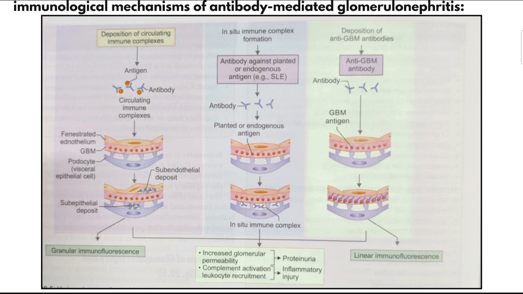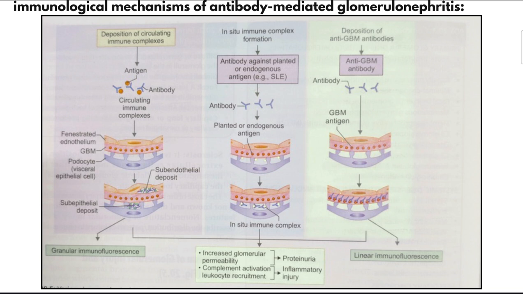Next, consider the role of complement activation. Once these immune complexes are formed, they activate the complement system, a part of the immune system that enhances the ability to clear pathogens and damaged cells. This activation contributes to inflammation and tissue damage.